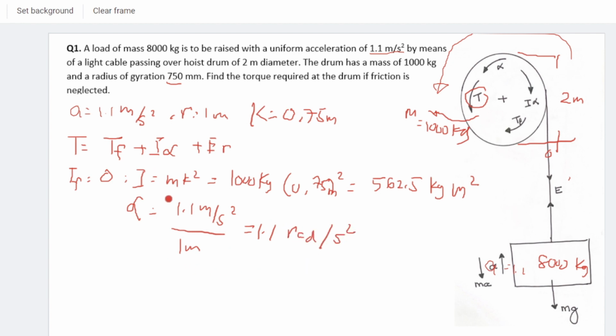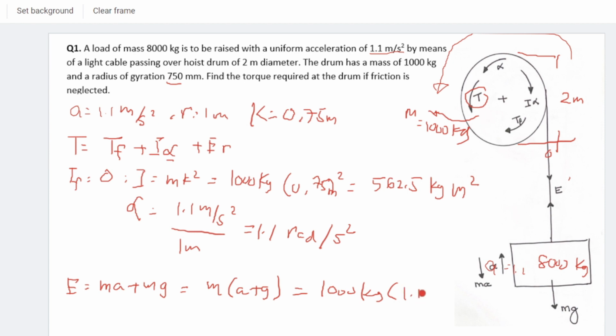So we have already this angular acceleration. We have I. Now, how about E? E is just equal to MA and then mg. It's actually A plus G, we can factor out to make it simple. Mass is equal to 1,000 kilogram.